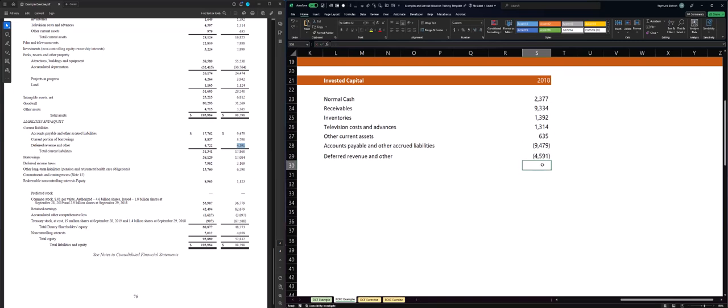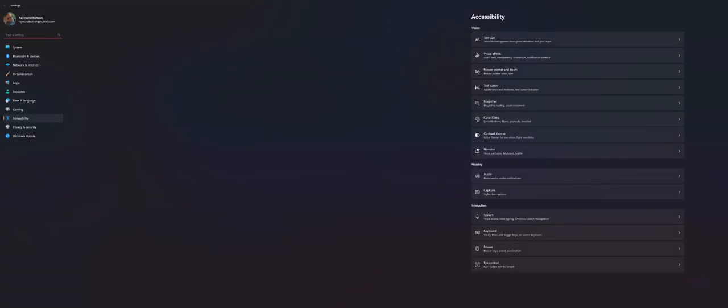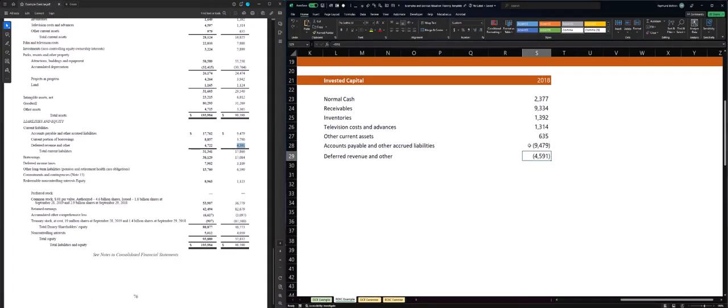All right, so we have all these operating cash flow numbers. All we need to do is sum it up, and we have 982, and this is net operating working capital.